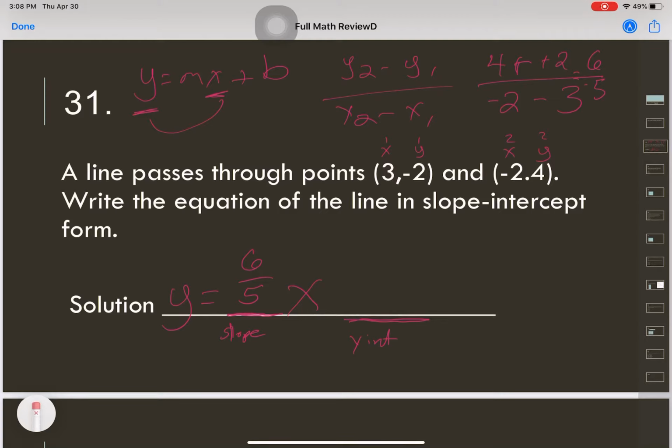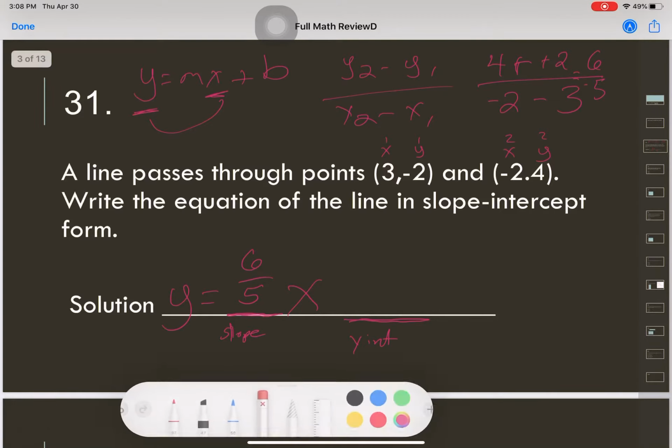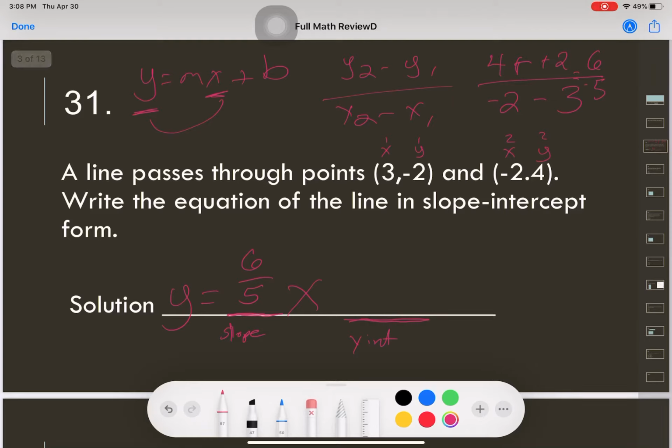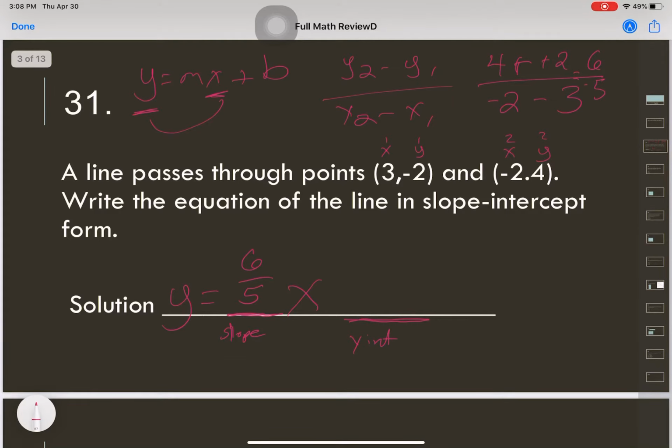If you think of the graph, whatever the graph looks like, it cuts across right here. Then we know that x has to be 0 because it doesn't go any way across this way. It only goes up and down. So you're going to have to say 0 for x.